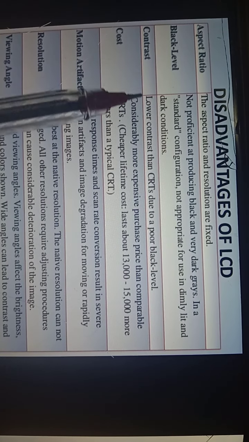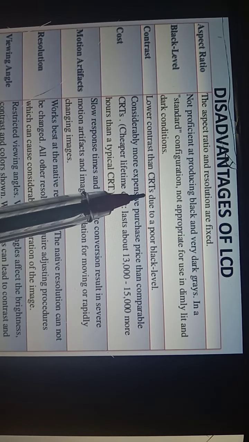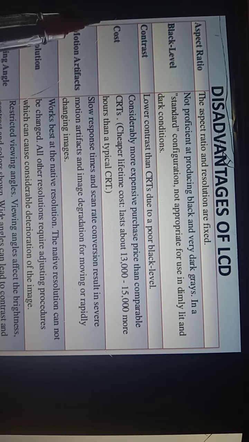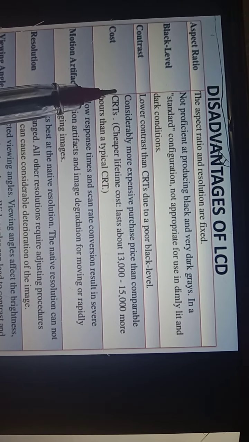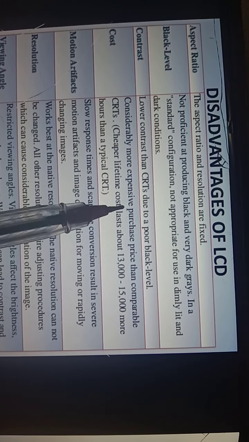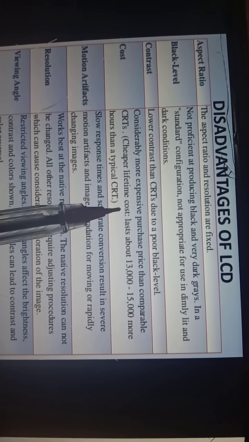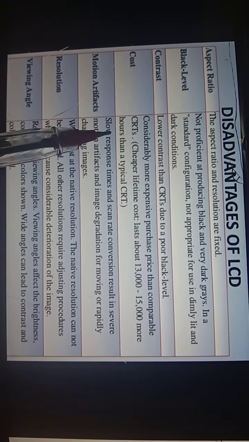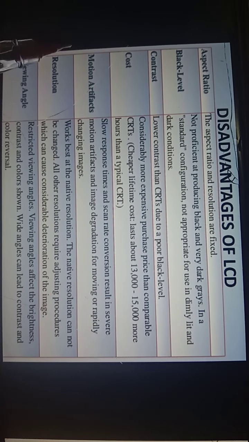Coming to contrast, lower contrast than CRTs due to poor black level. Coming to cost, considerably more expensive purchase price than comparable CRTs. Cheaper lifetime cost, lasts about 13,000 to 15,000 more hours than a typical CRT.